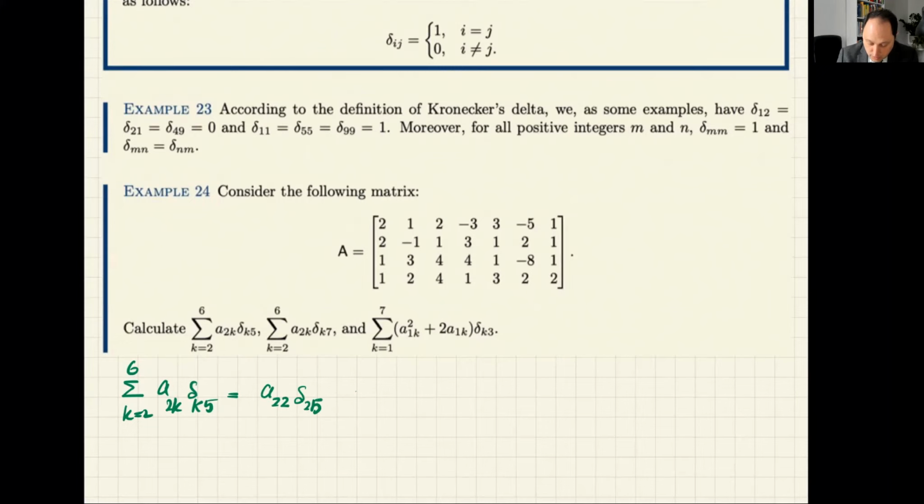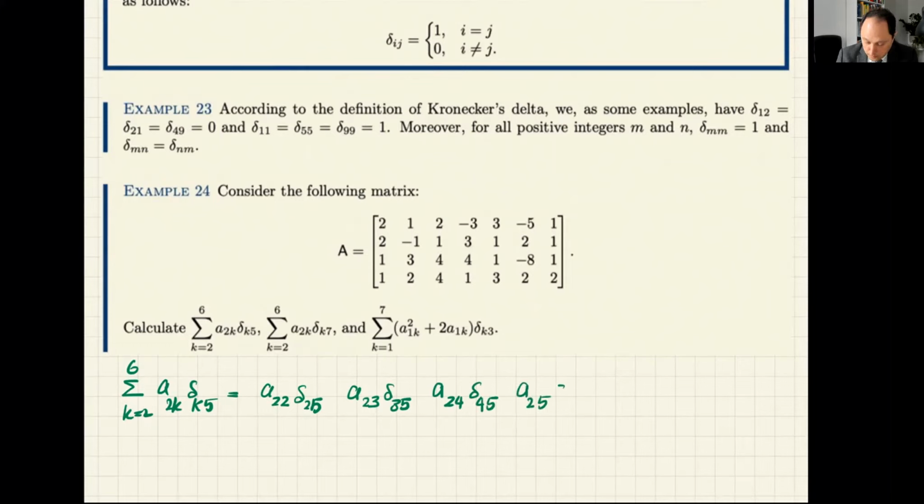Yes, and then replace k with the next number. And then replace k with the next number. Replace k with the next number. And finally, the last number. Yes, and then whenever I found the answers, I add them.